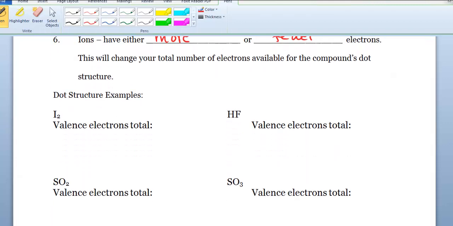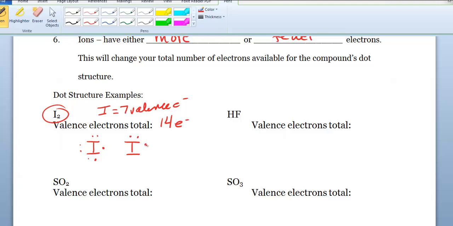So let me give you a quick example of some Lewis dot structures. Iodine is a halogen. On the periodic table, I notice that it has 7 valence electrons. Since the formula says I2, my total number of valence electrons is 14. So I draw each atom in the molecule, and I place my 7 valence electrons around it.